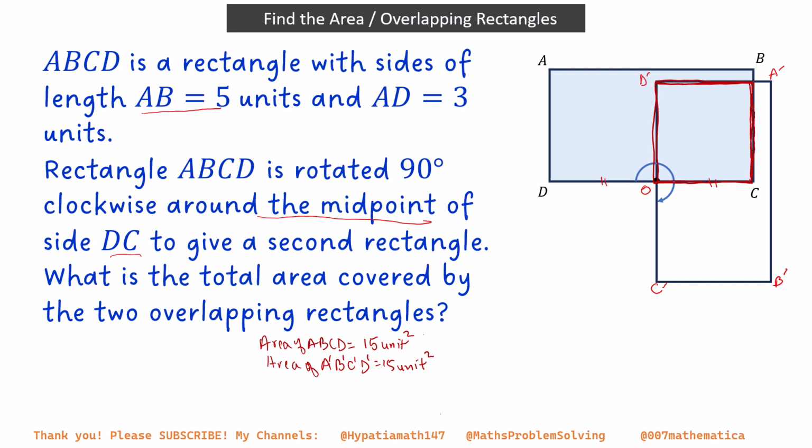So we know that AB is 5, so CD would also be 5 units, and therefore DO is half of CD. I should just say it's half of CD.